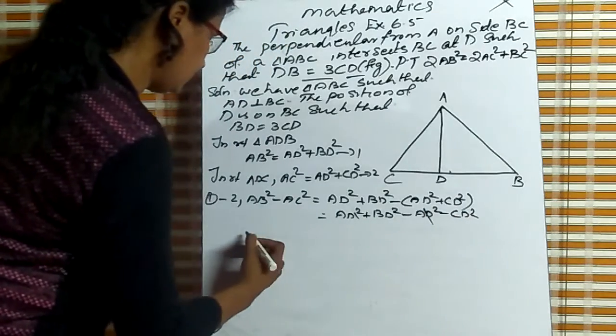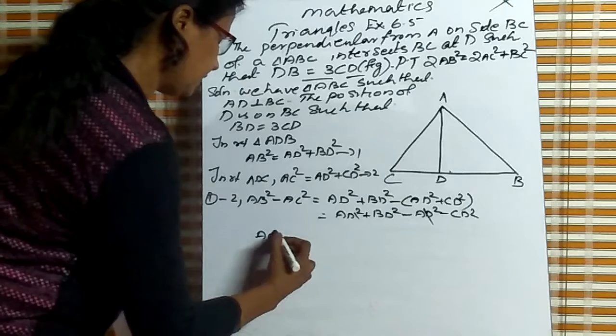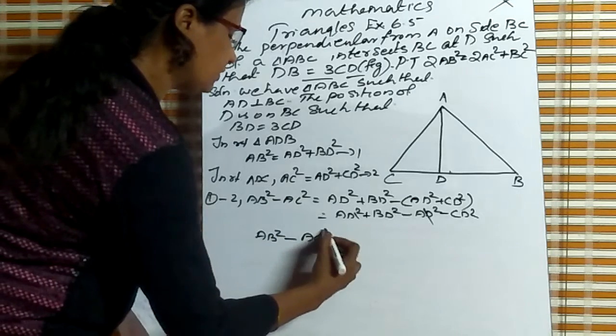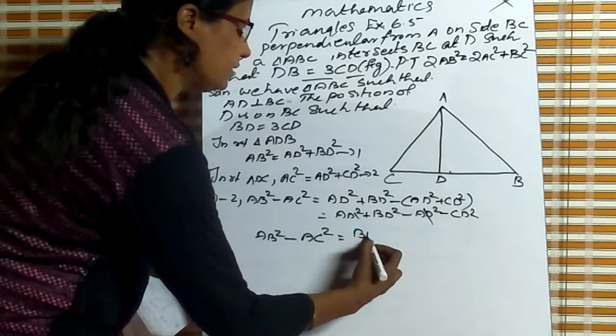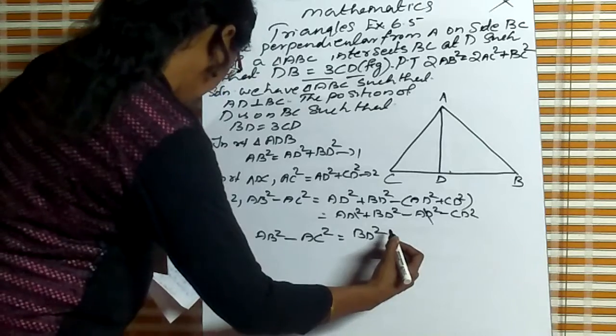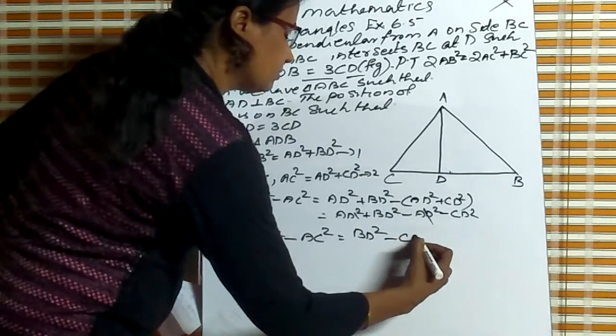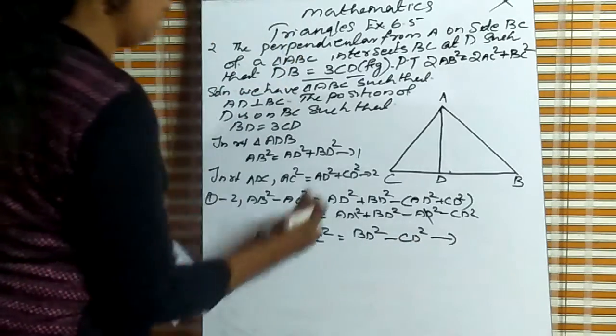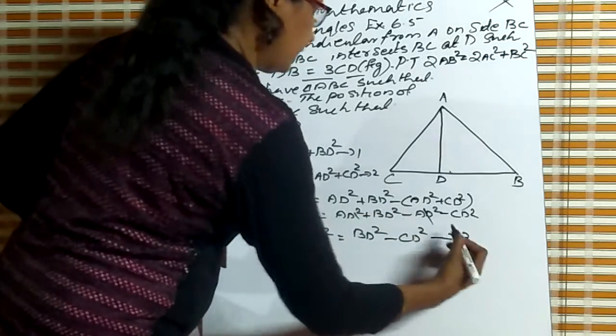AD square cancelled. AB square minus AC square is equal to BD square minus CD square. This is equation 3.